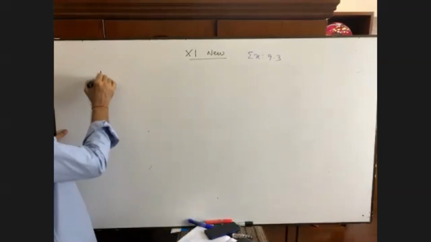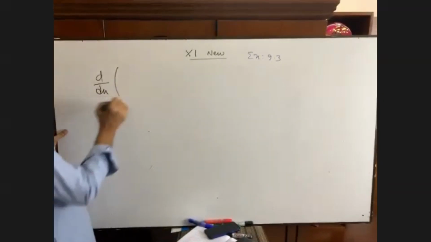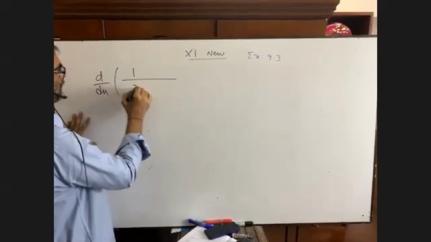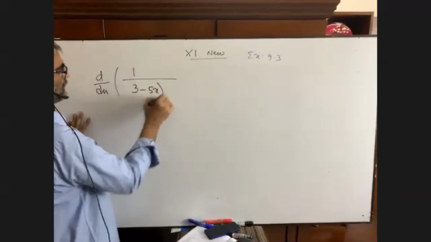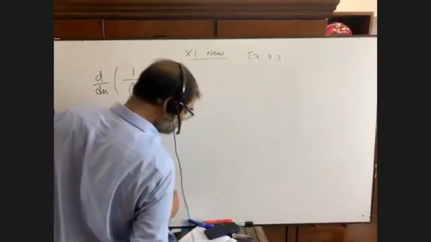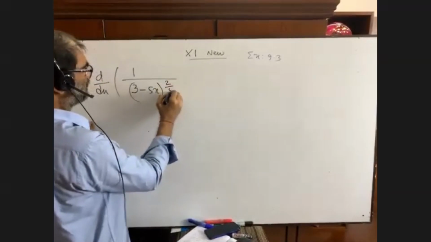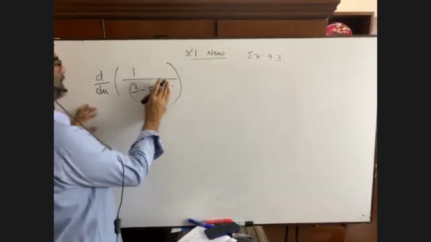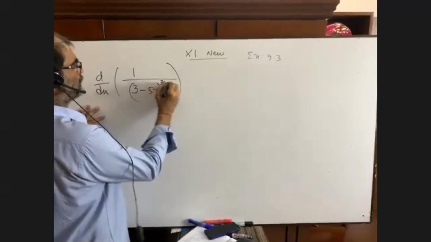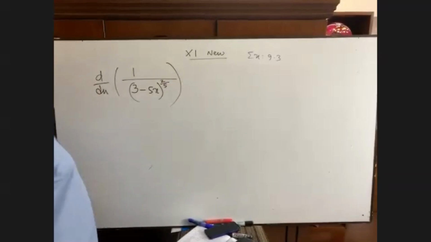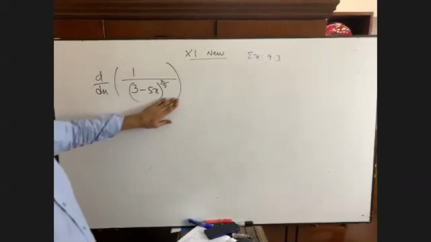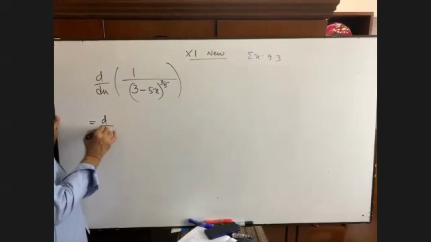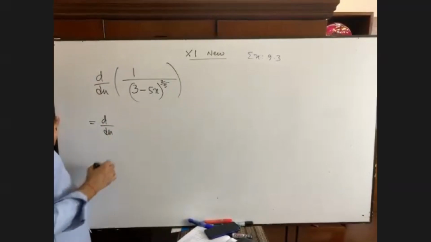Okay, d by dx of 1 by (3 minus 5x) to the power 2 by 5. It is power 2 by 5. Can you do this math? Do it before me.